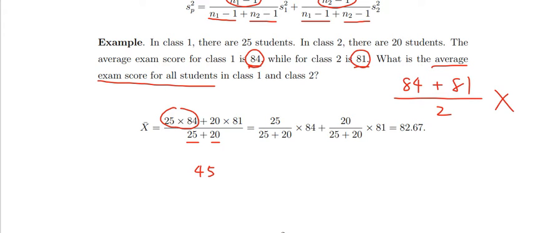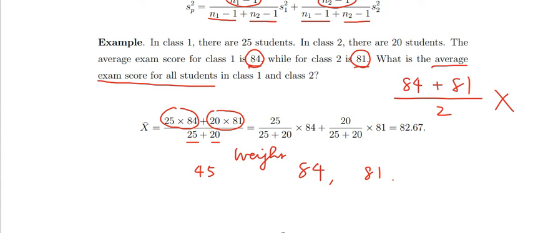Likewise for class 2, the total points is this. We can also say this equals 84 times 25 over 25 plus 20, and 81 times this, right? So we can regard this as the average of 84 and 81. So this is a weighted average.